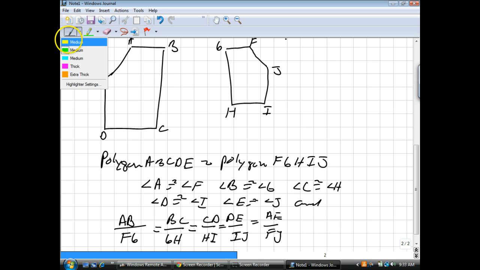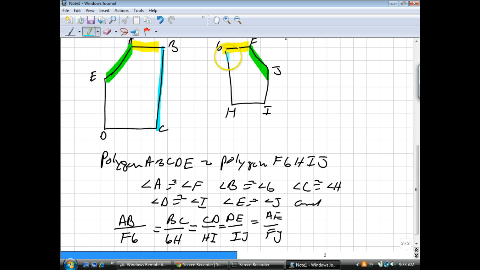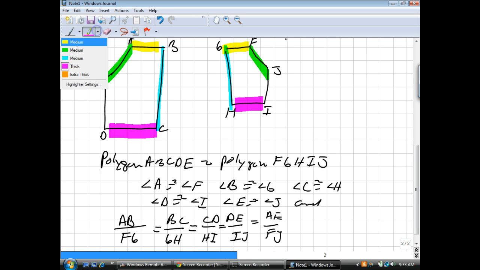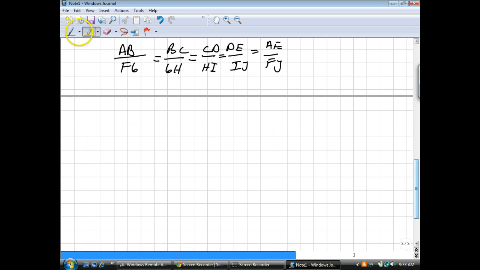Okay, so this is to this, as this is to this, as BC is to GH, and so this corresponds to this, and this corresponds to this. So they have to be in proportion. Okay, so we can use that fact to find out certain information.